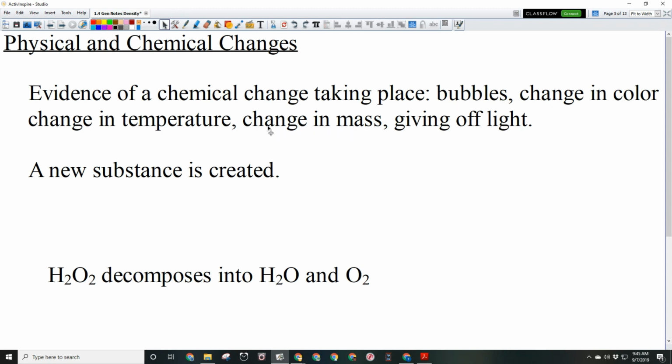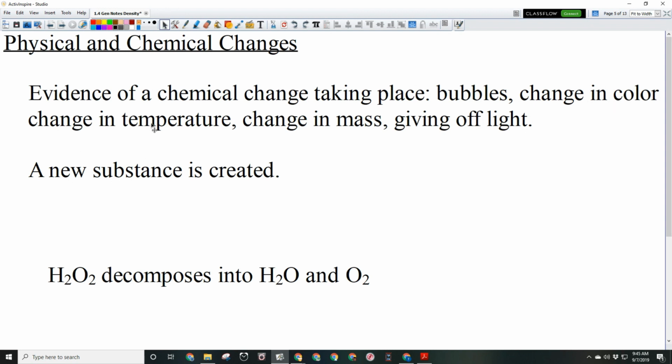It was bubbling. And it was changing in mass. If we were to drop it down in the water and then let it sit there for 10 seconds and take it out, the mass of the Alka-Seltzer is going to be less than what you started with because it's going through a chemical change. It's changing in mass. Some chemicals, when you mix them together, change in color.